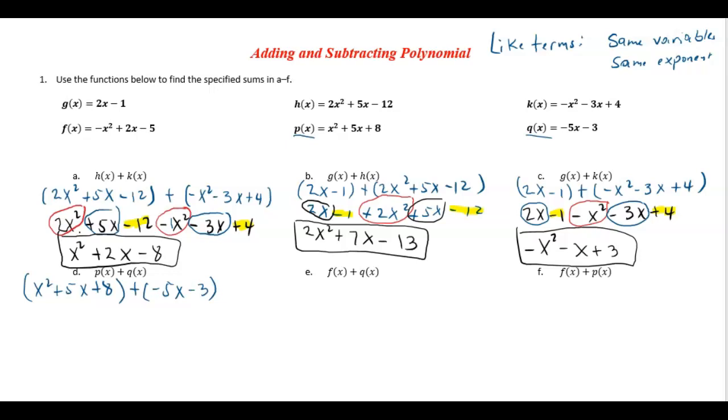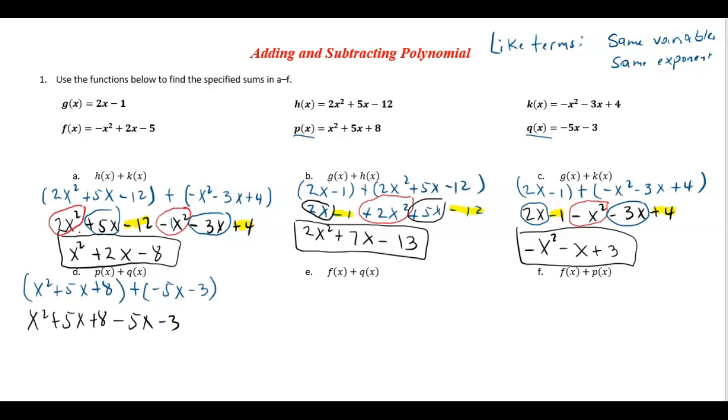Again, I like to write it without the parentheses. So I'm going to say x squared plus 5x plus 8. Now, since that is a plus, it doesn't change anything here. So I'm going to have negative 5x and minus 3.